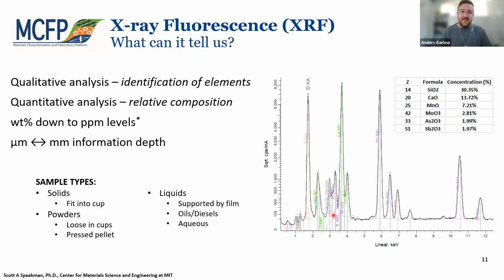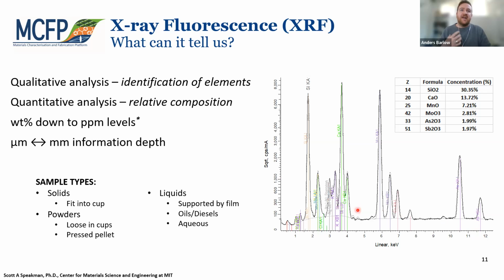Now, it's a bit messy, but the software is very good at figuring out which peak is which. But you can see we can identify, for example, the silicon K alpha line, calcium K alpha, manganese K alpha, this is arsenic K alpha, and then we have these other K beta lines and different X-ray energies through here. But this is an example of an XRF spectrum and what it tells you.